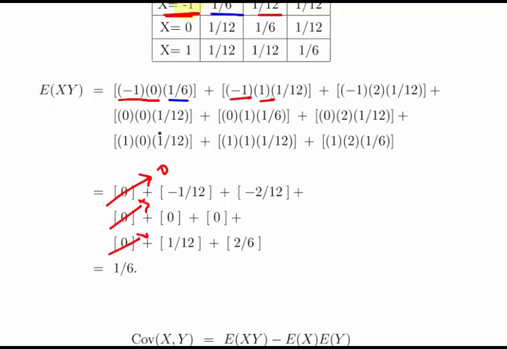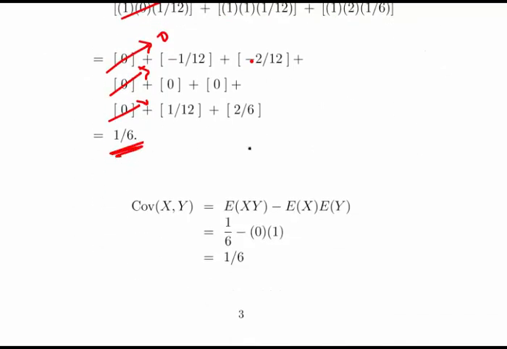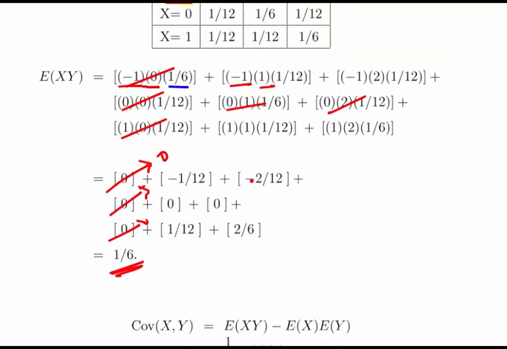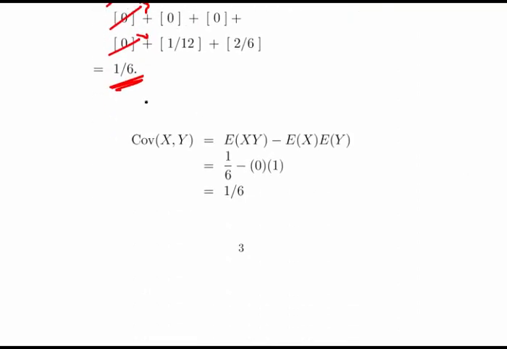I've actually probably done a little bit more than I should have there, so quite a few of them will go to 0 automatically. So essentially what we end up with is -1/12 plus -2/12 plus 1/12 plus 2/6, and that works out to be 1/6. Getting the covariance of x and y uses this formula here again.